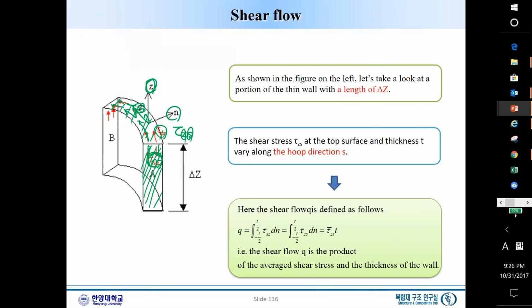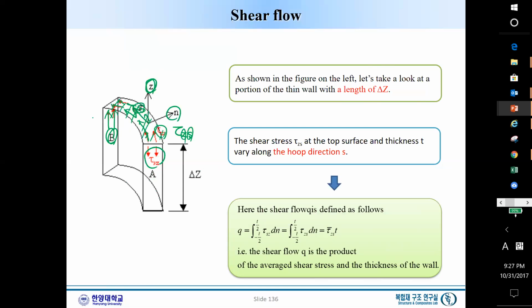So tau Sz, and there is another one which will also be tau Sz, but on two different surfaces. Let's call this the A surface, and this the B surface. So the shear stress on A is tau Sz, and the shear stress here is also tau Sz.